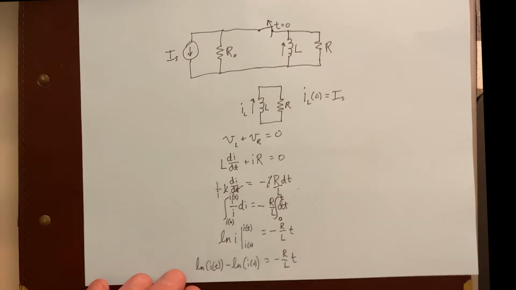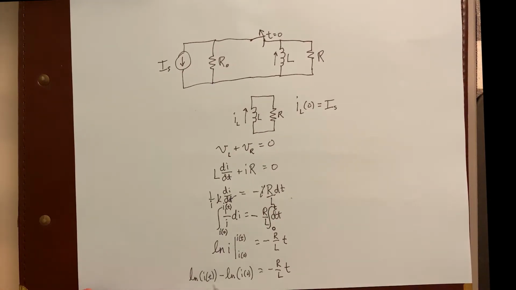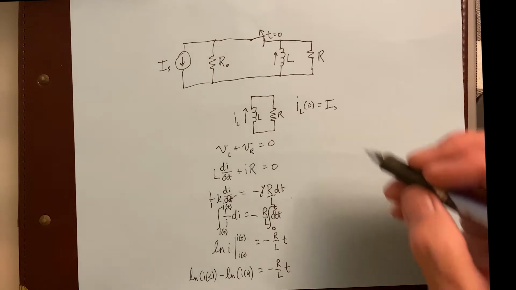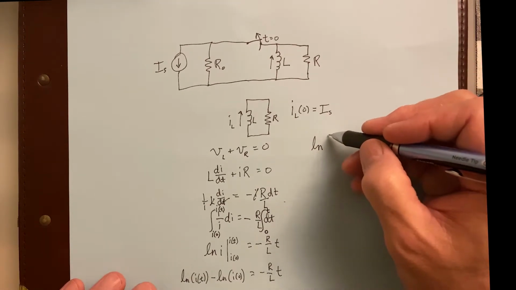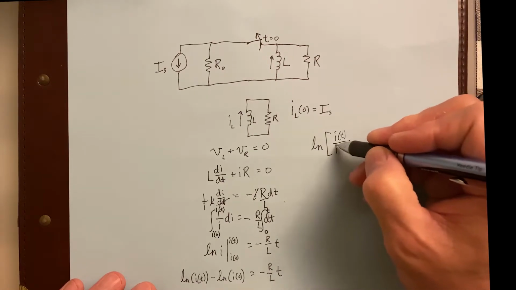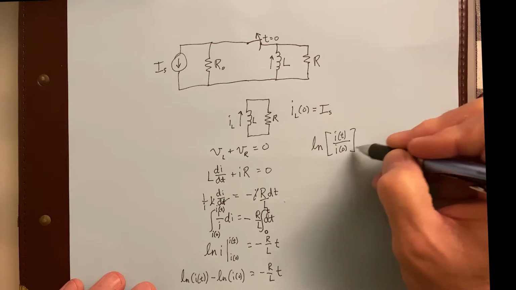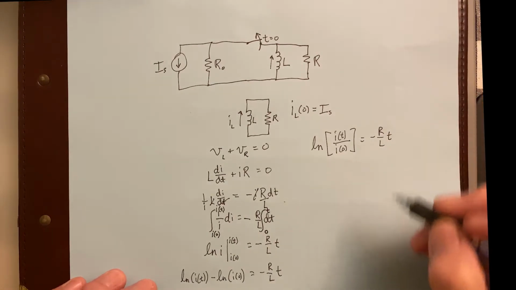Okay. Now, you notice we have a difference in natural logs. There's a rule that says you can write this as a quotient, so we can write this as the natural log of I of t divided by I of 0, and that's equal to minus r over L times t.